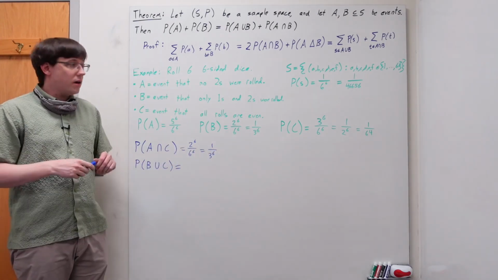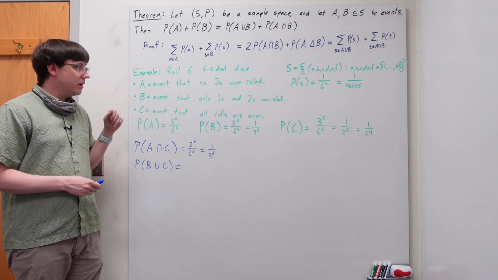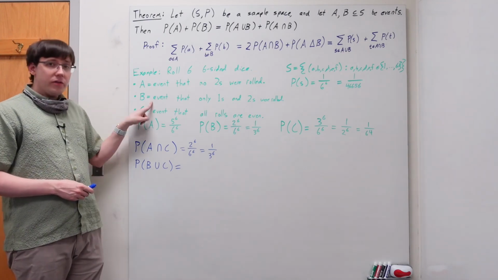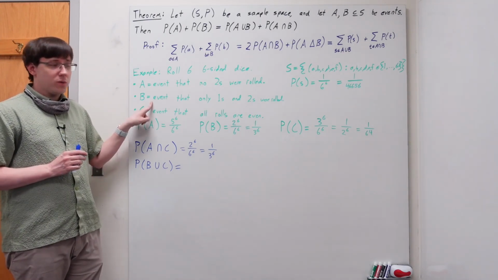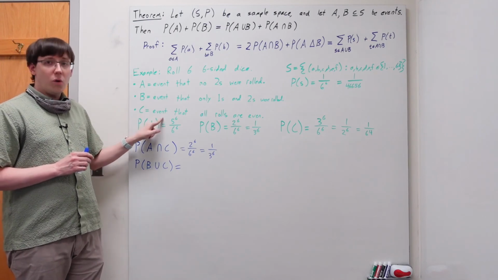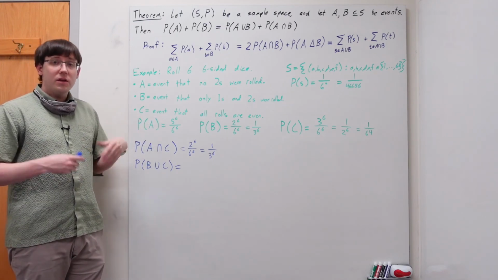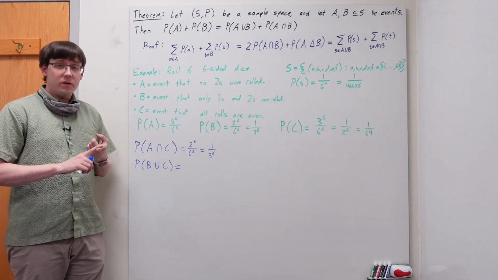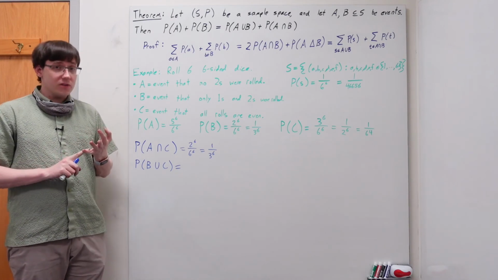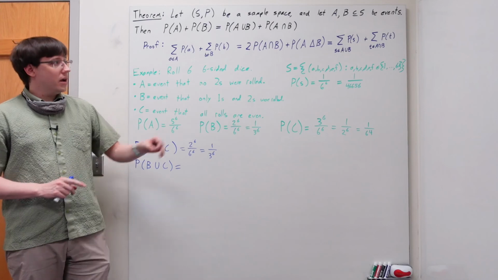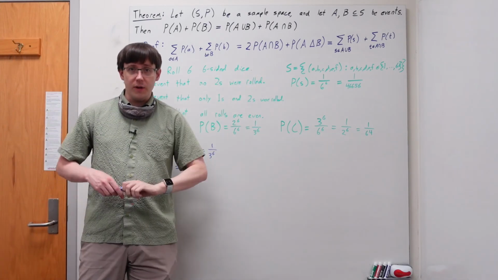The union of events B and C is that either only 1s and 2s were rolled, or only even numbers were rolled. So this includes 1s, 2s, 4s, and 6s. And so now we have 4 possibilities for each element.